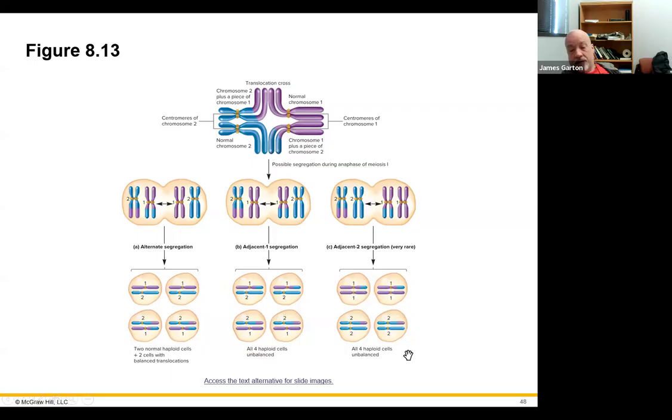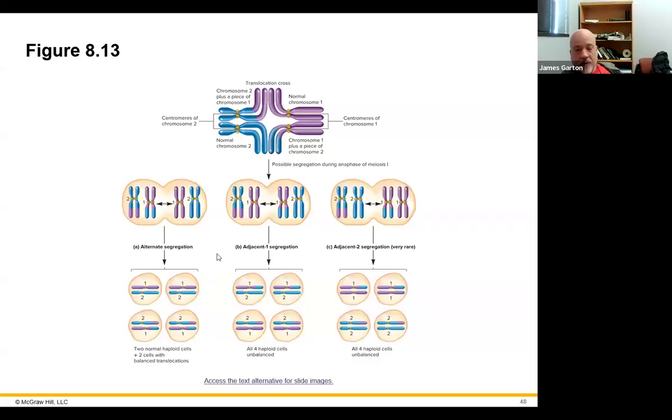And the same thing is over here. So all of the gametes are unbalanced. And in the other adjacent segregation, all of the gametes are unbalanced.